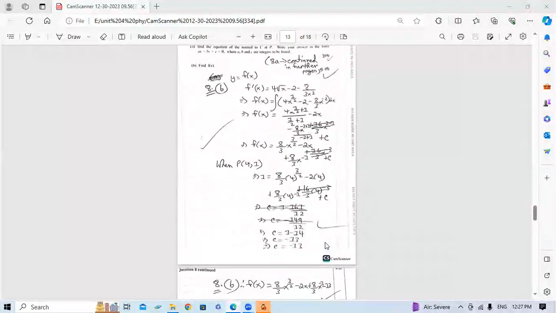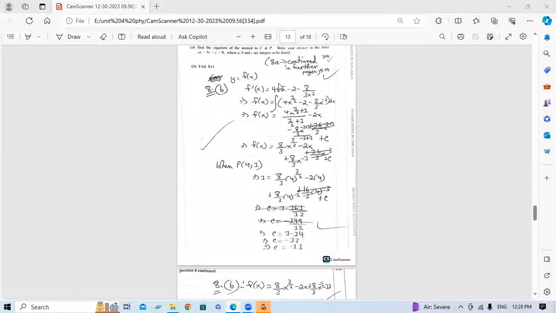And in 8b, y equals f(x). So f prime x equals 4 root x minus 2 minus 8 by 3x squared. For converting from f prime x to f(x), we need to integrate f prime x.